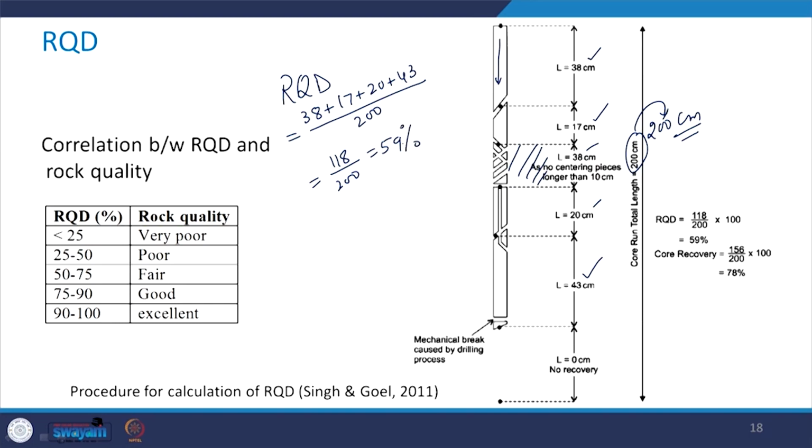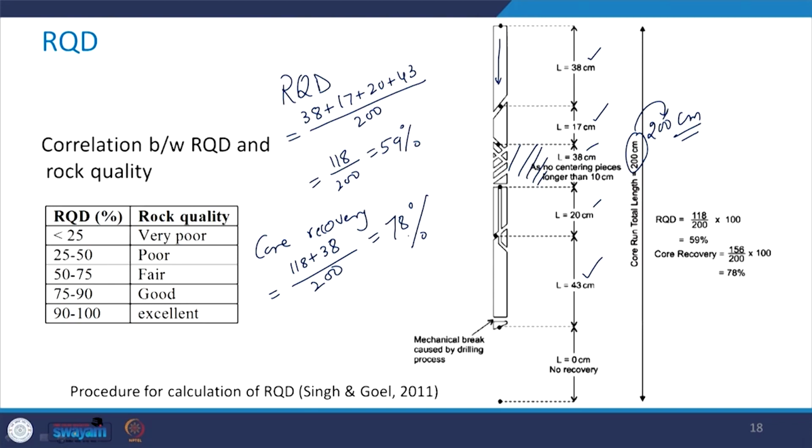Now, what is core recovery? In core recovery, we will add all the pieces. So, the core recovery in this case is the sum of all these pieces. This 118 is what was there more than 10 centimeters, so you add plus 38, divided by 200, and when you solve it, you will get 78%.